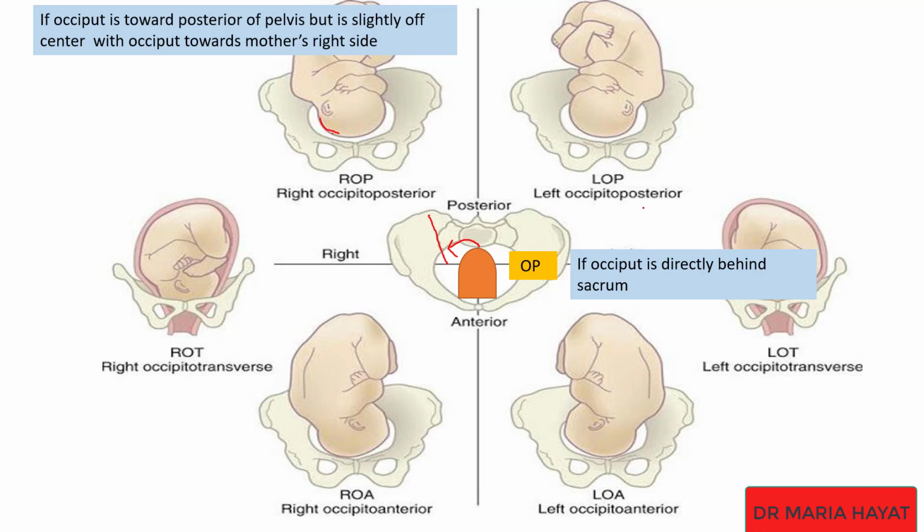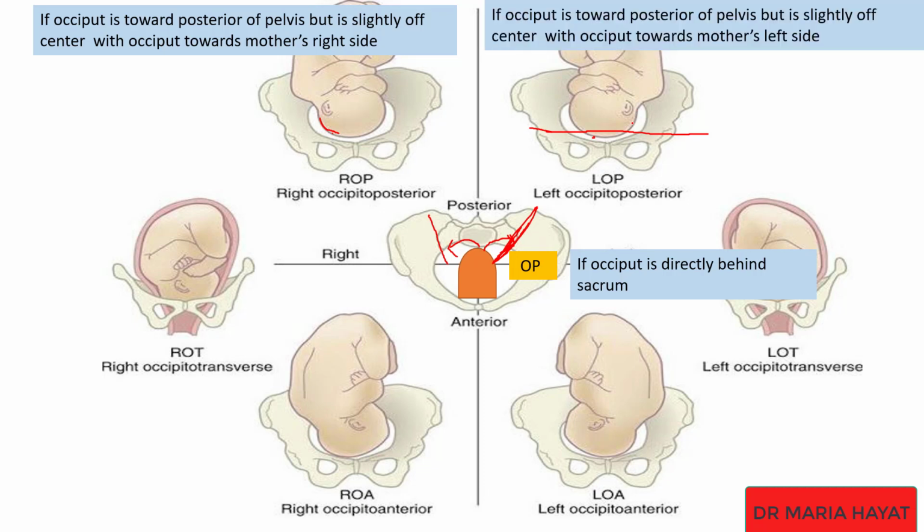In left occipito-posterior position, the occiput is towards the posterior side of the pelvis in such a way that the occiput lies directly behind the left sacroiliac joint. In left occipito-posterior position, the occiput is slightly towards the left side of the mother. So direct occipito-posterior, left occipito-posterior, and right occipito-posterior are the malpositions that will cause prolonged labor or obstructed labor.